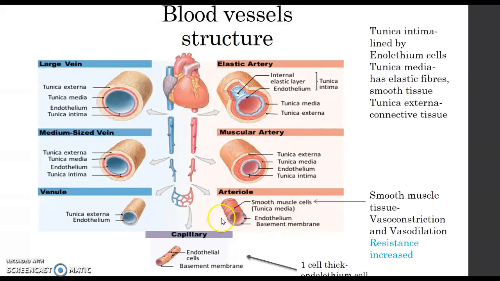However, not all of them have it, as you can see with the arteriole, the only layer it has is the smooth muscle cell. So as I said here, resistance can be increased when vasoconstriction or vasodilation happens, due to the fact that if they become more narrow, it's harder for the blood to go through, so the resistance increases.